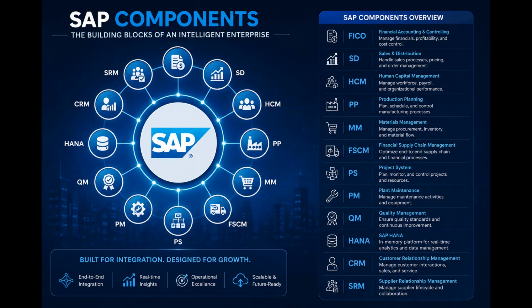All these modules come under functional modules. Technical modules consist of SAP ABAP, SAP Basis, SAP PI/PO, which is Process Integration and Process Orchestration, and SAP BTP, Business Technology Platform.